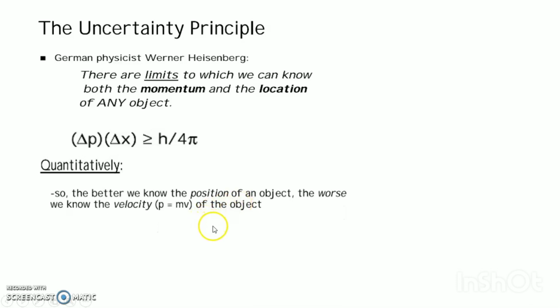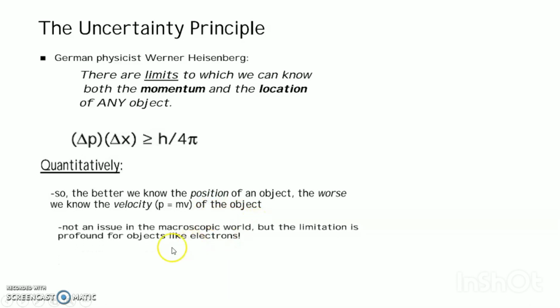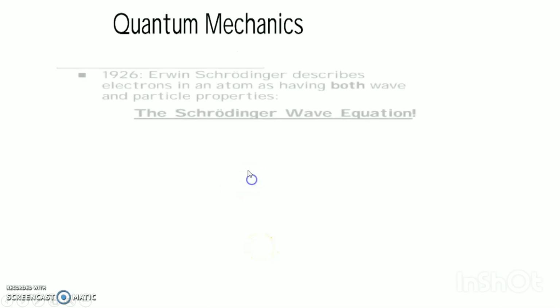So the better we know the position of an object, the worse we know the velocity, p equals mv, of the object. Not an issue in the macroscopic world, but the limitation is profound for objects like electrons.